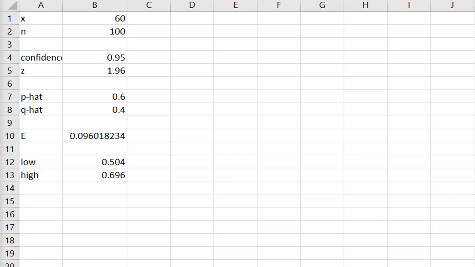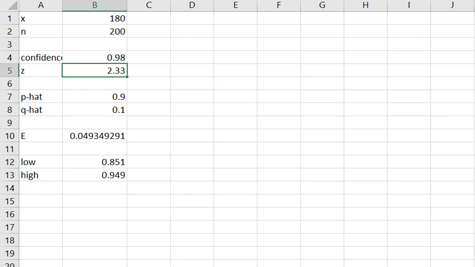And so I have, here's the one with the federal loans. So it says they found 180 out of 200, and I want a 98% confidence interval.